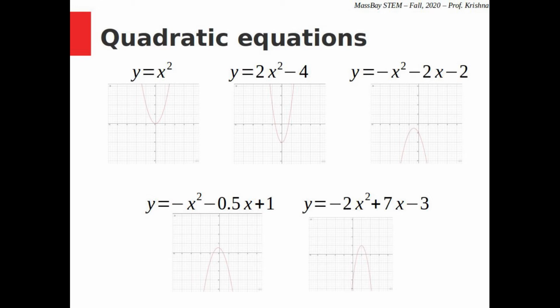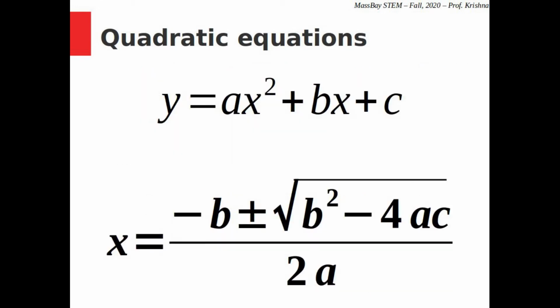Most of the ones we see here cross the x-axis twice. Those locations where it crosses the x-axis are known as the zeros of the parabola. It's pretty common to need to find the zeros, and we have this equation to help us. It's called the quadratic formula.